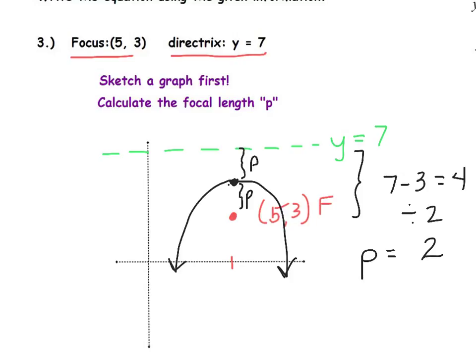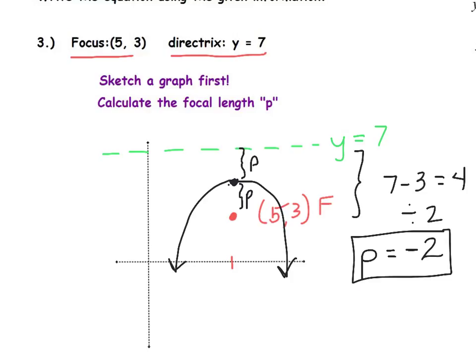So let me show you how that works. So if I add 2 to 3, that's going to get me up here at 5. If I add 2 more, that's going to get me up to 7. So that is an equal distance of 2 both ways. Now this parabola is opening down, so that means we've got to add a negative in front of our p-value.